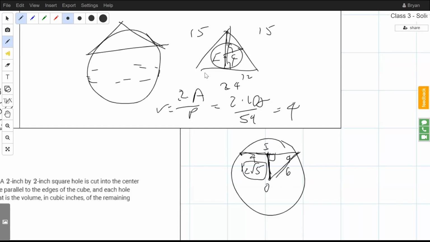And I is on this plane, so OI is perpendicular.